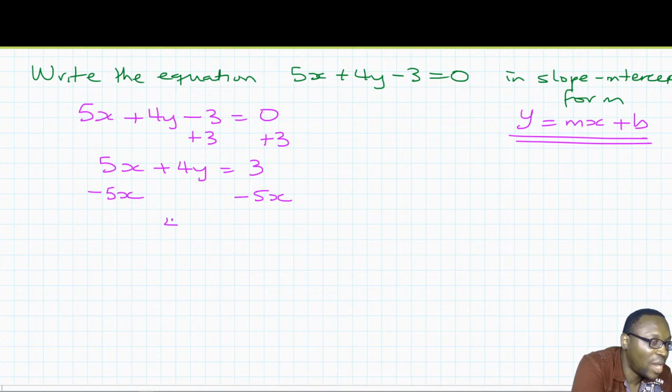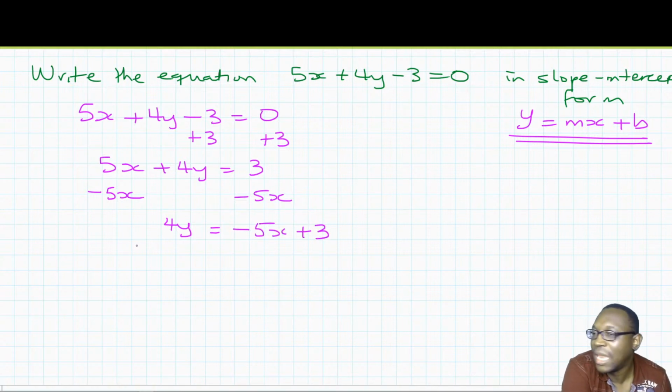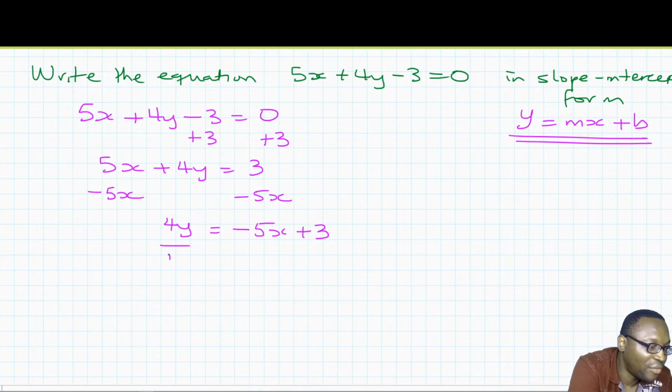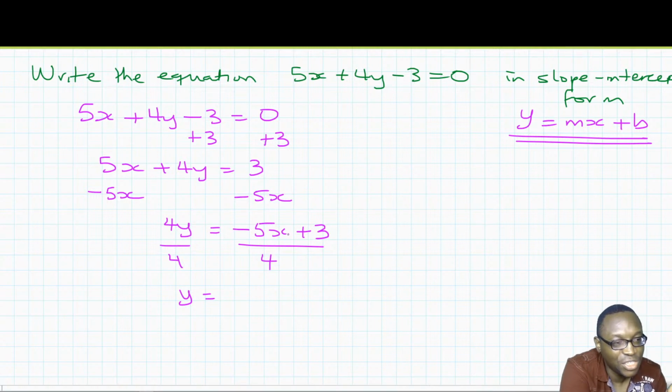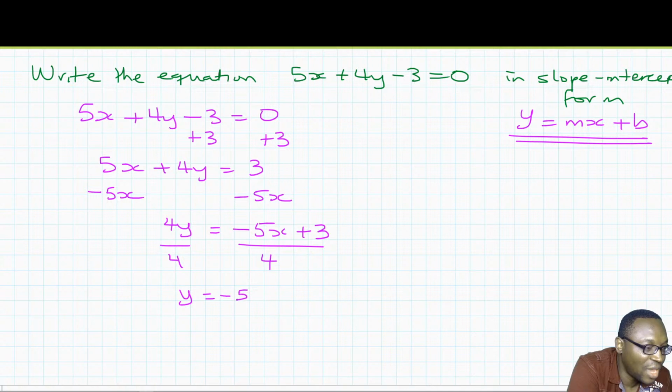So I have 4y equal to negative 5x plus 3. And then we can now divide both sides by 4. So y is equal to, remember when you divide a fraction by 4, you're dividing every term in that fraction by 4. So it's going to be negative 5 over 4x plus 3 over 4.